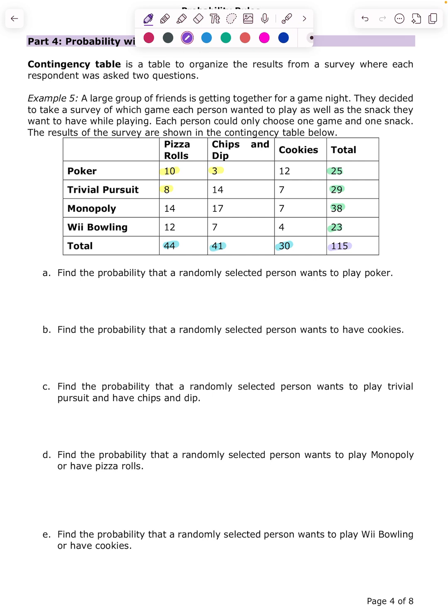The first question is, find the probability that a randomly selected person wants to play poker. So we want to find the probability that somebody chose poker. We're going to do that by finding the number of people that chose poker, and we're going to divide that by the total number of people.